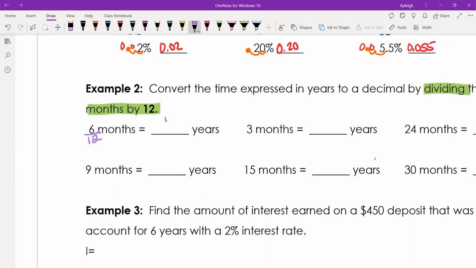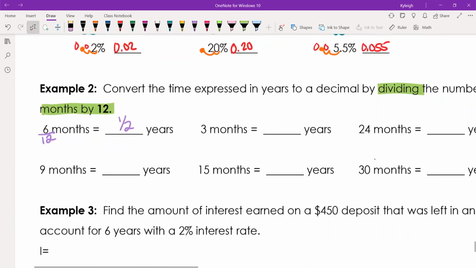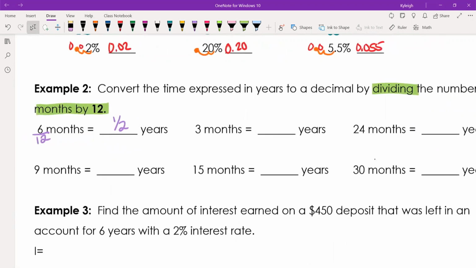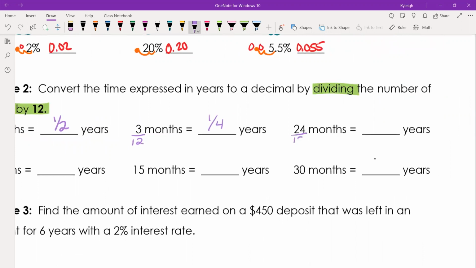That should give you 1/2. I'll do the first row. 3 months divided by 12. When you do that in the calculator, it should give you 1/4. And 24 divided by 12, it's going to give you 2.